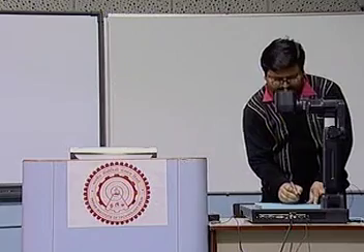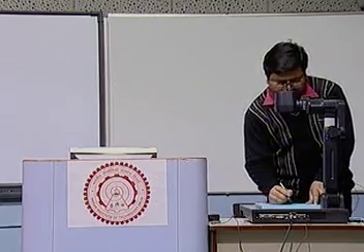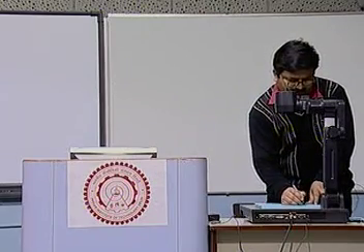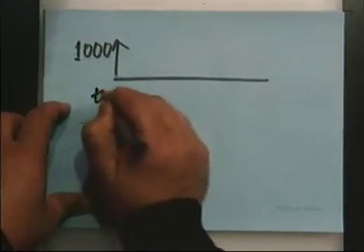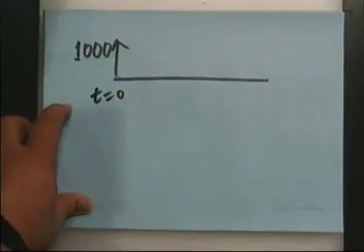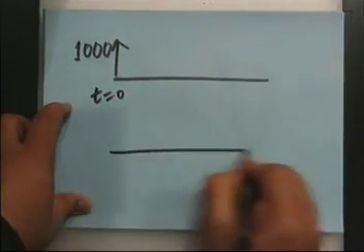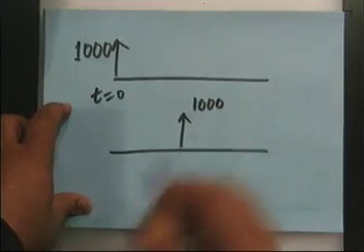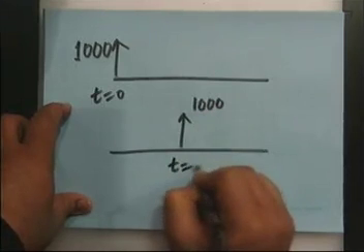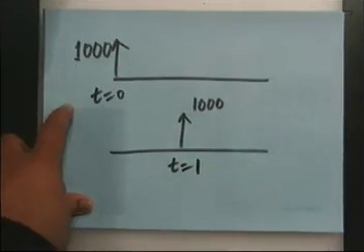It will be more clear if you look at this example. Suppose I have 1000 rupees at time t is equal to 0 and I am getting rupees 1000 again at time t is equal to 1, let us say after 1 year.